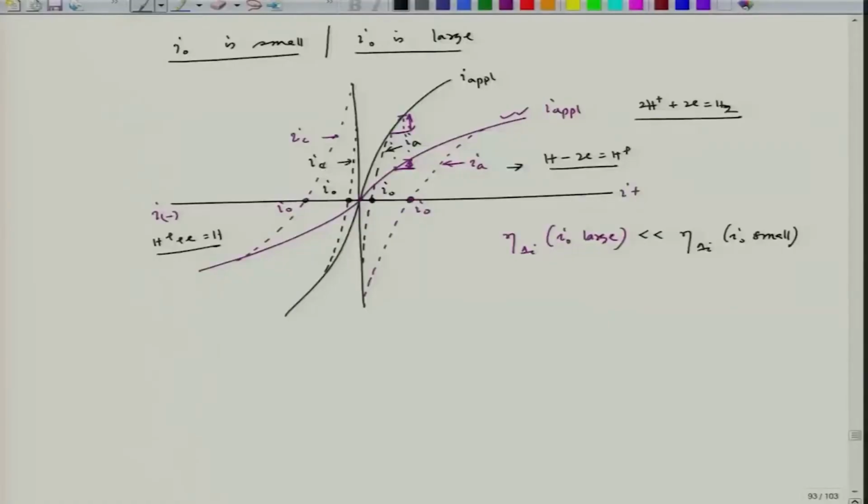So, we could see the overvoltage change, instead of writing overvoltage, I can write this: the change in voltage due to a small current perturbation in the system. For this case where I0 is large, the potential is much more stable than the potential for the case where I0 is small.